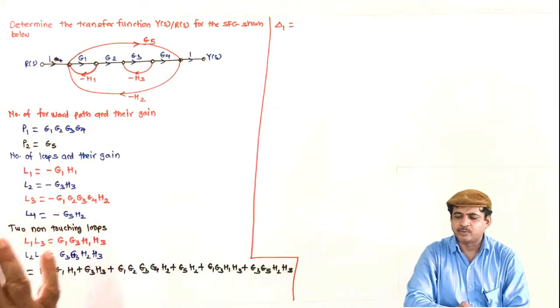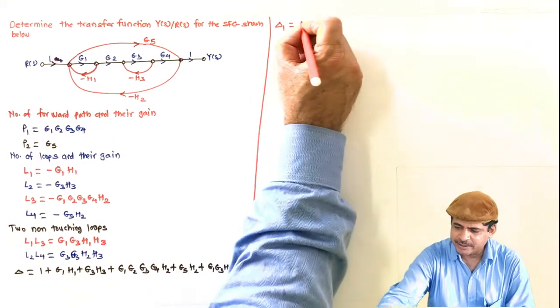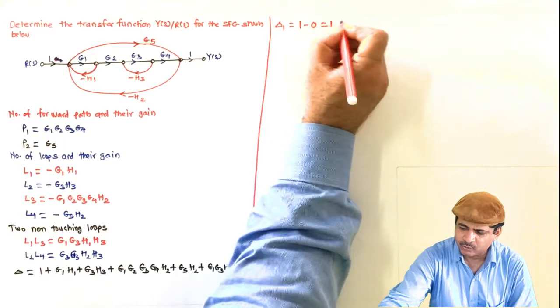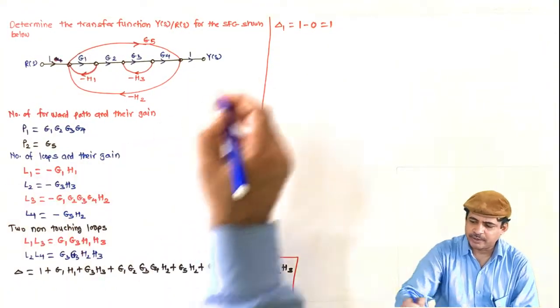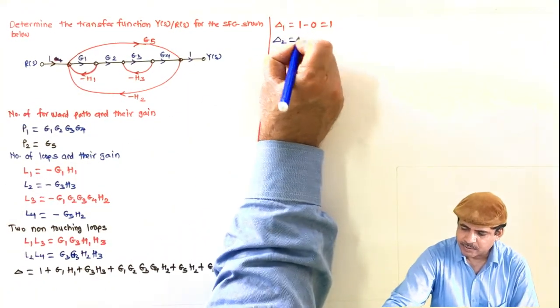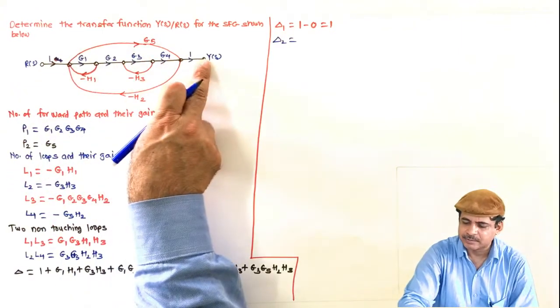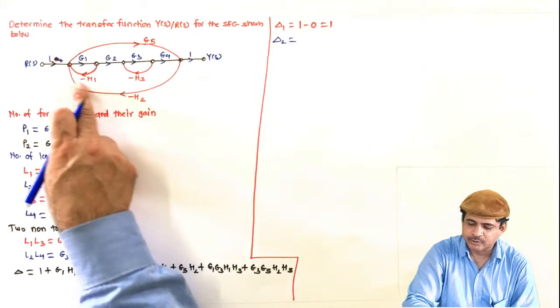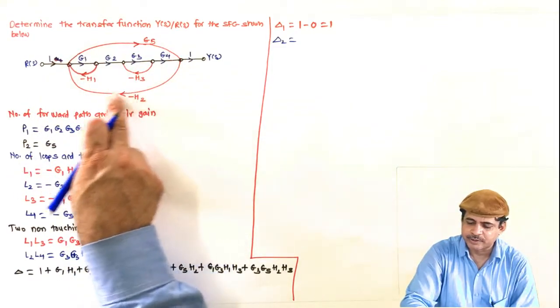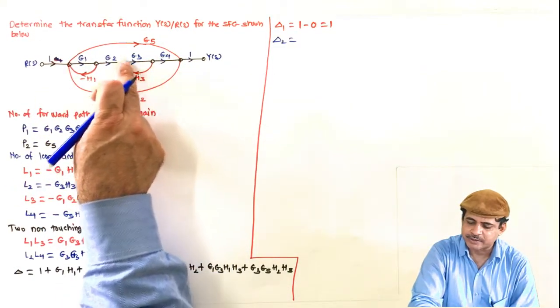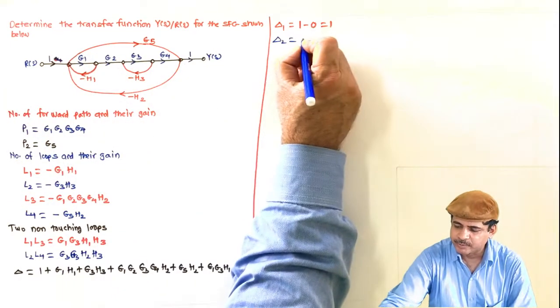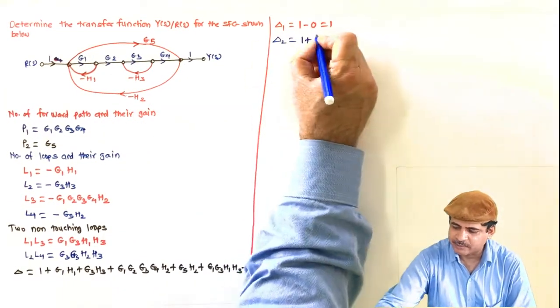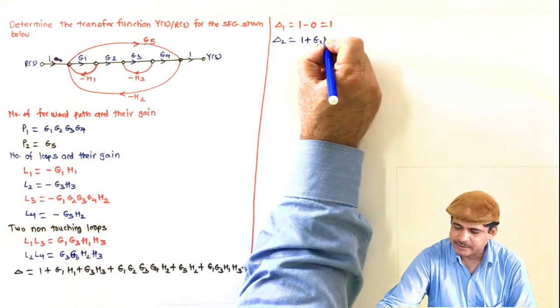L1, L2, L3, L4 all are touching, and that is why delta 1 will be 1 minus 0 equal to 1. And now for delta 2, so this is the path, this loop is touching, this loop is also touching, this loop is touching, but only this loop is not touching. So it will be 1 minus minus G3 H3.